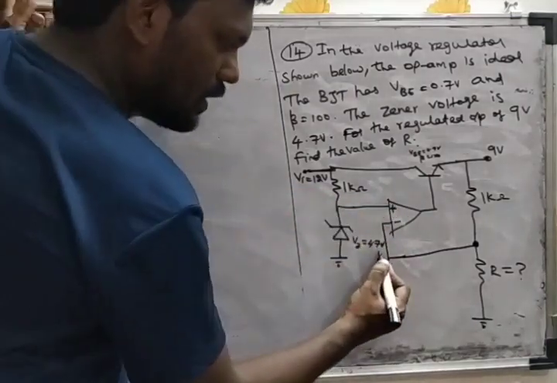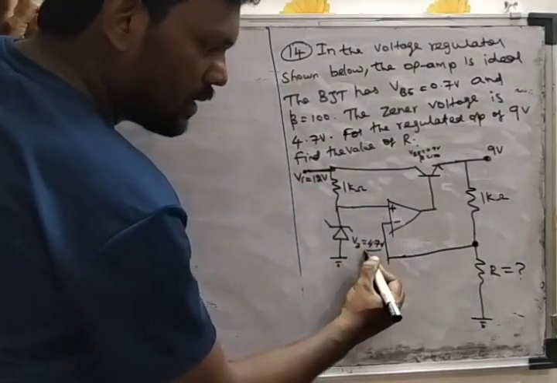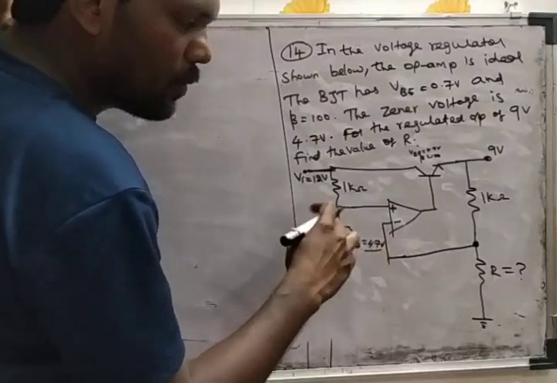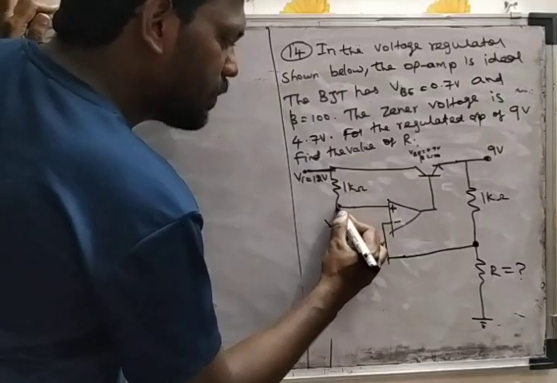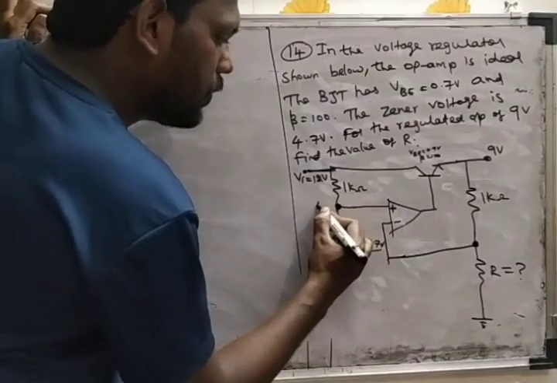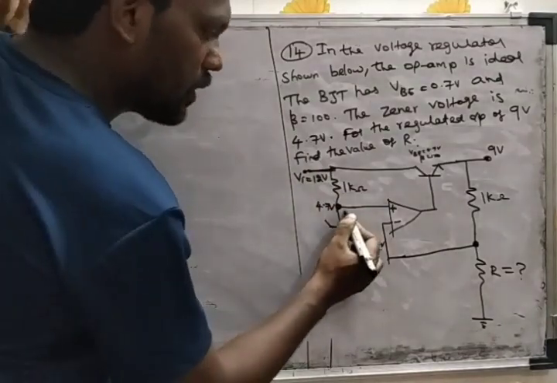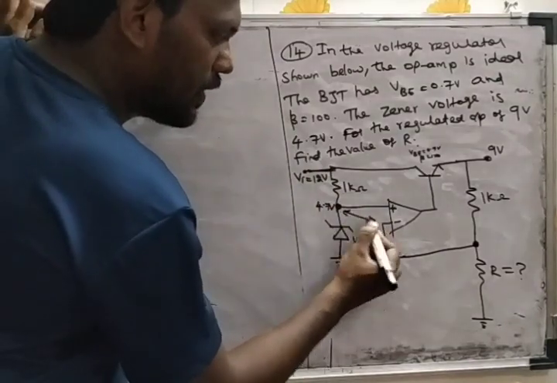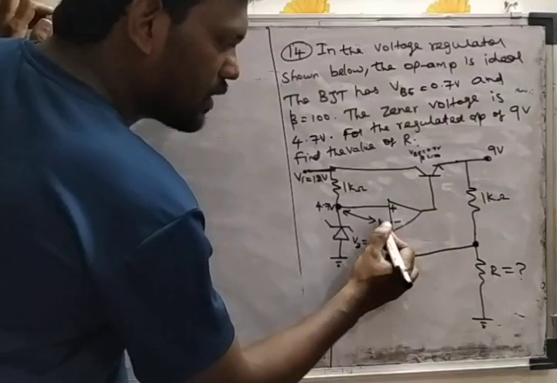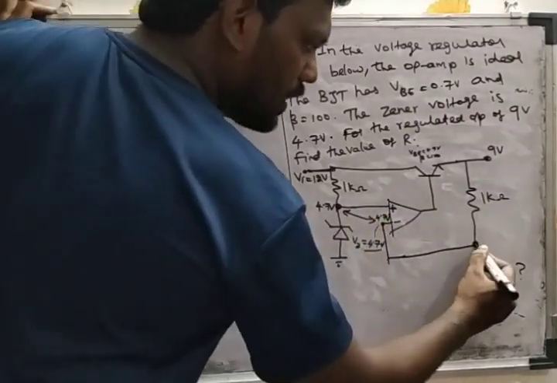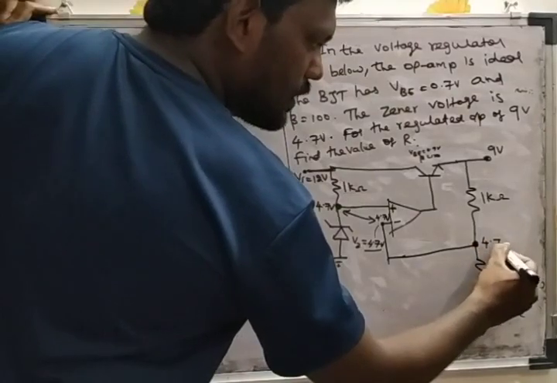That means its breakdown voltage is 4.7 volt. So we can replace this Zener diode by 4.7 volt. So at this point you have 4.7 volt. By applying the virtual ground concept, you will get this point also 4.7 volt.